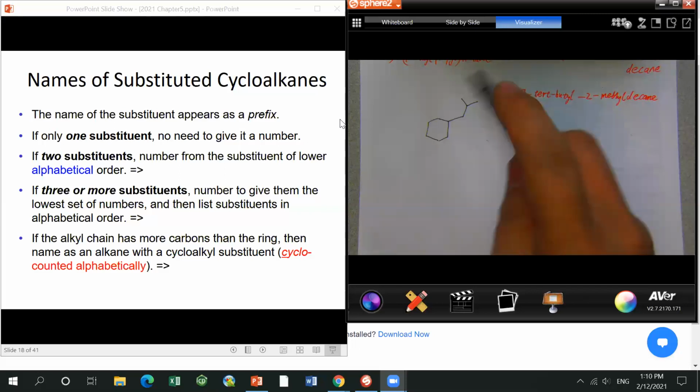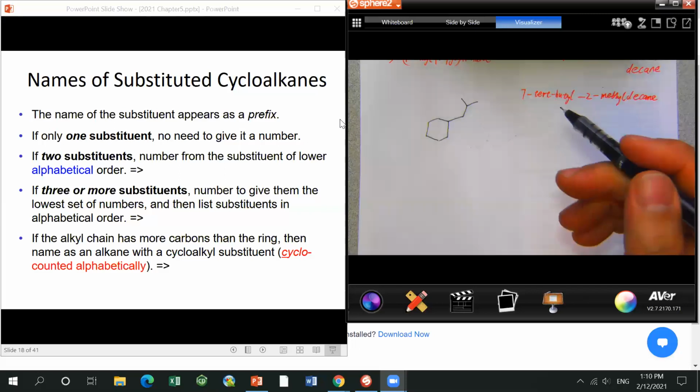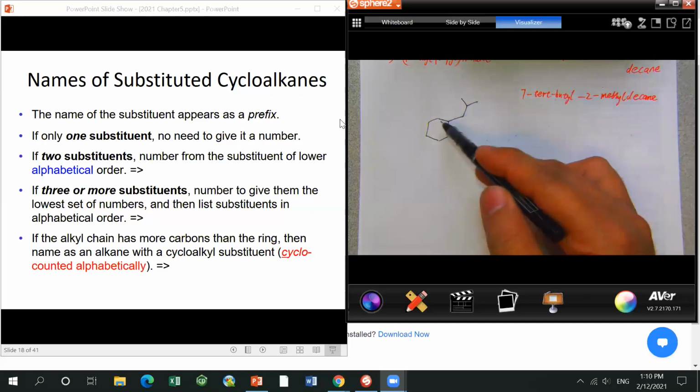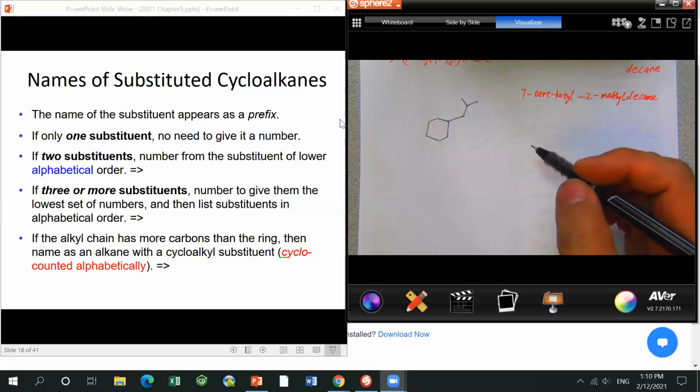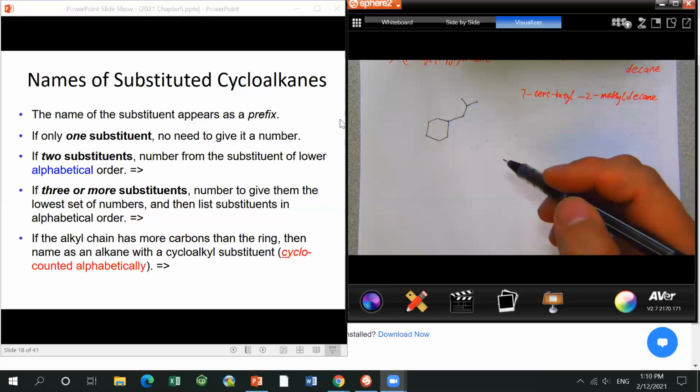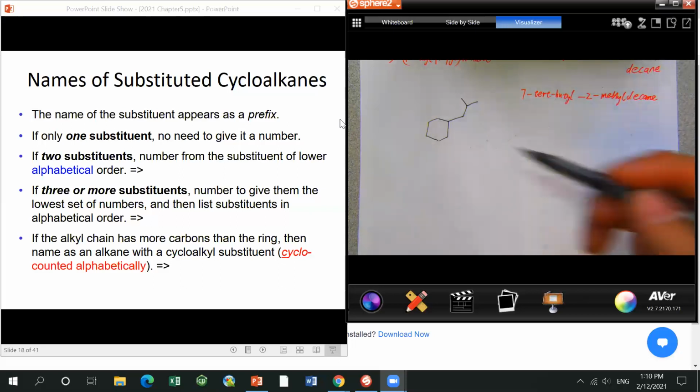All right, we'll continue here. If you have only one substituent group on the cycloalkene, you don't need to give a location number, because it doesn't matter. People know there is one substituent group on it.